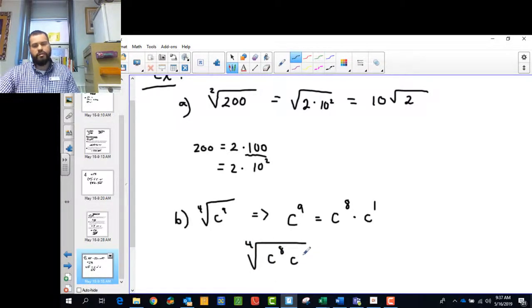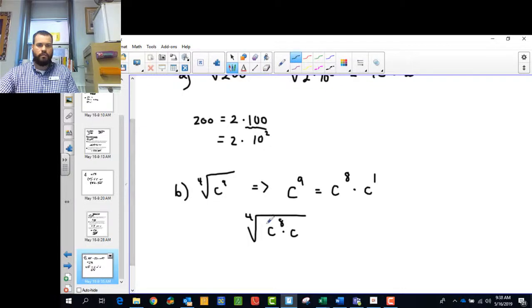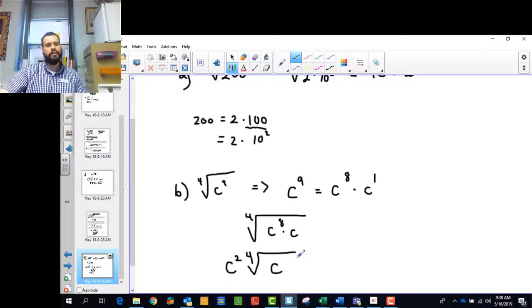I'm not going to write the c to the 1 anymore because I don't need to. Then I divide the 8 by 4, and I get 2. So that comes out. 8 divided by 4 is 2, that's where that came from, and then c. So that's how I do that one.